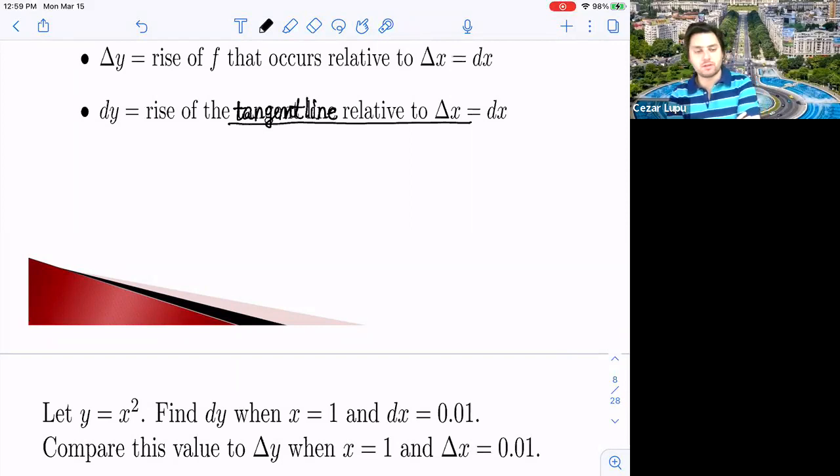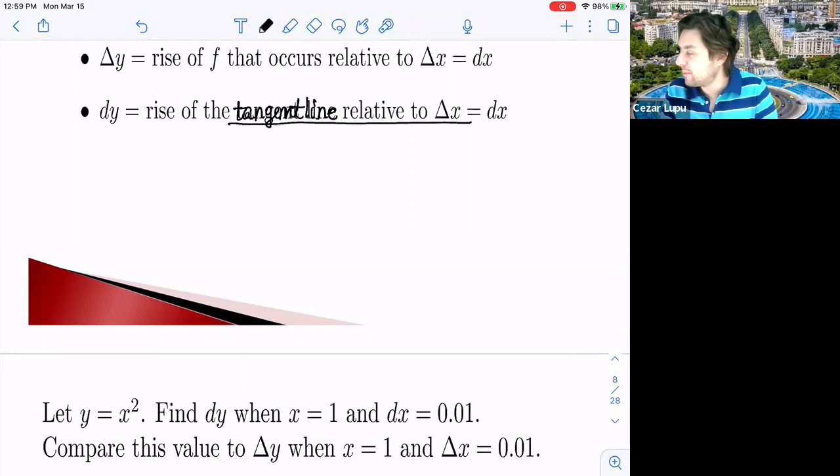Let's consider this parabola, the simplest parabola possible. So we take y equals x squared, and we need to find dy, right? Like I said, dy is nothing else but the rise of the tangent line relative to the change in x, which is delta x. So we need to find dy when x equals 1 and dx is 0.01. And we would like to compare this value with delta y, when x equals 1 and delta x equals 0.01.